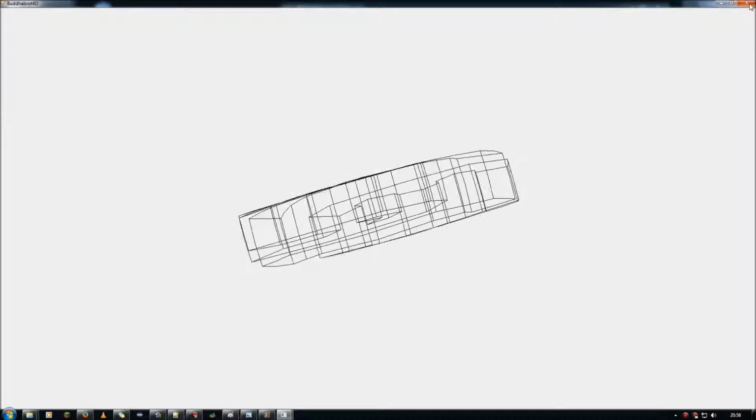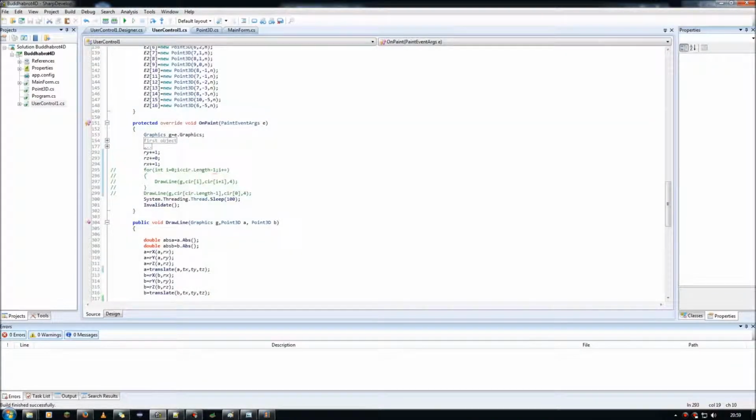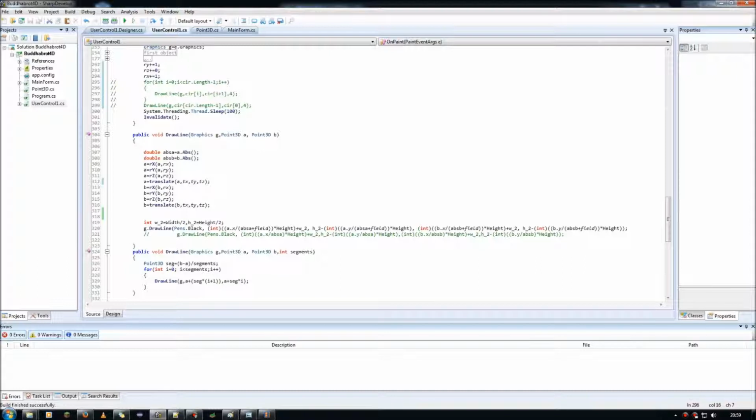So now what we want to do is speed up the rendering process.